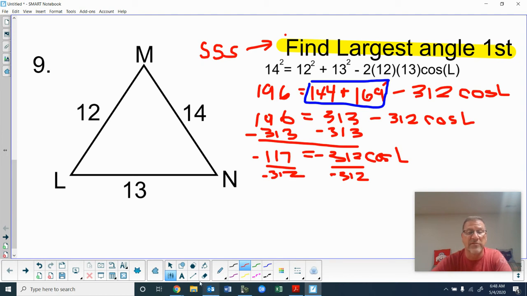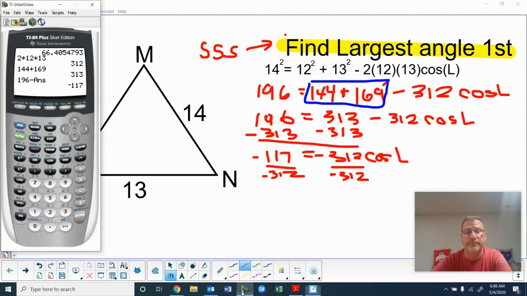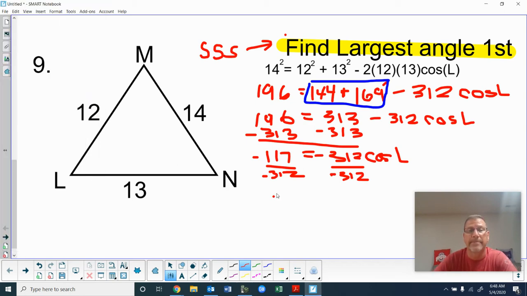So back to my calculator. And I've got it just divided by, don't forget, negative 312. So that's 0.375 equals the cosine of L. So remember, when I'm looking for an angle, solving an equation, this is when I have to do that inverse.